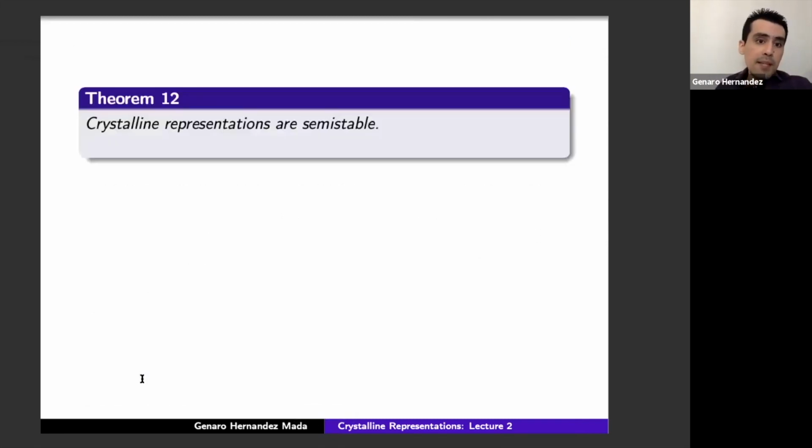And so we have this big theorem, which is a partial answer to the question that I asked just a few minutes ago, whether there's a relationship between crystalline representations and semi-stable ones. Well, yes, all crystalline representations are semi-stable.